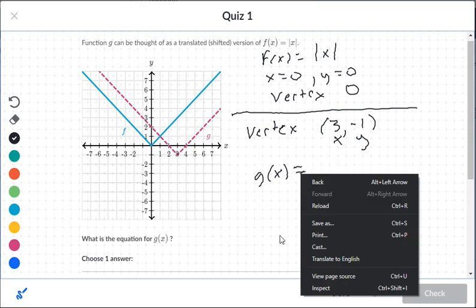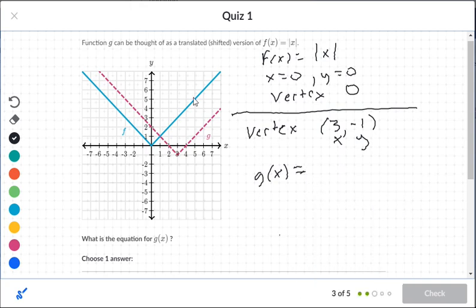Now, right here, what we have is our absolute value, and then we have our x. So we're going to do our absolute value followed by our x. So the absolute value is x. Now we want to take the opposite of 3, because we know that x is equal to 3. We know that y is equal to a negative 1.